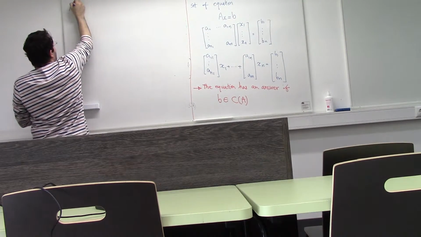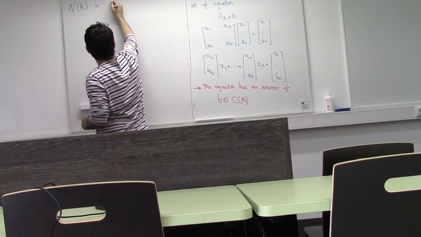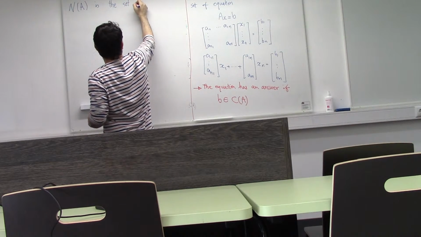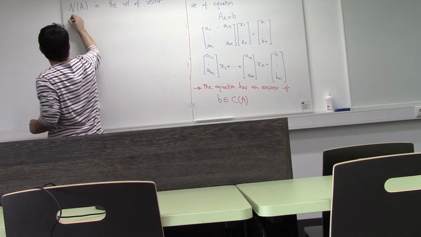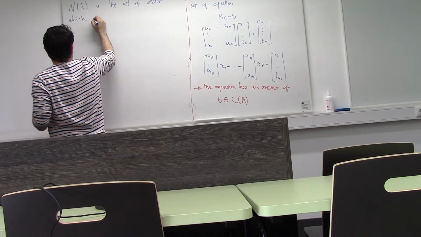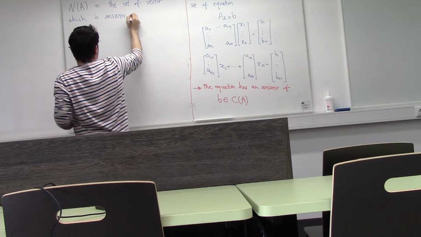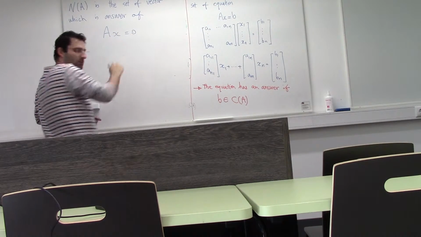And NA is the set of vectors which are answers of Ax equals 0.